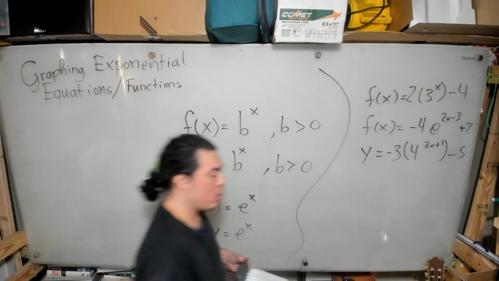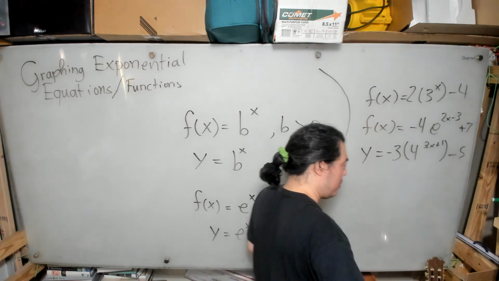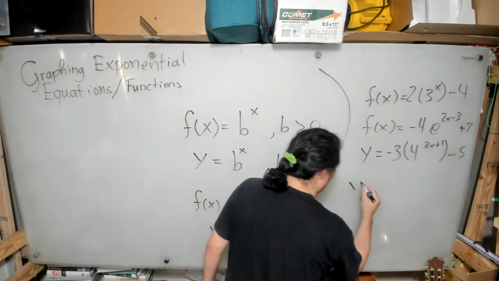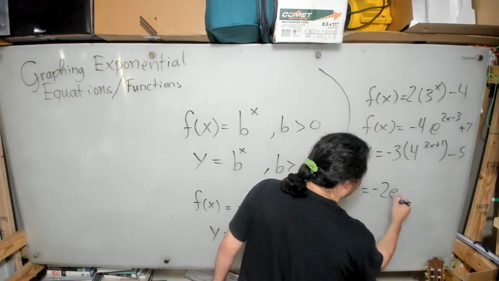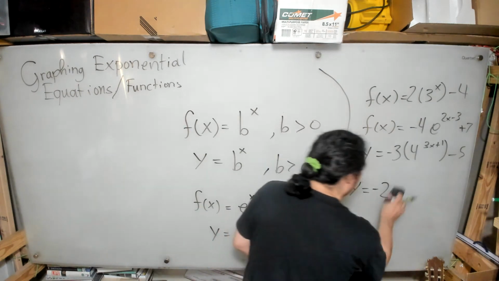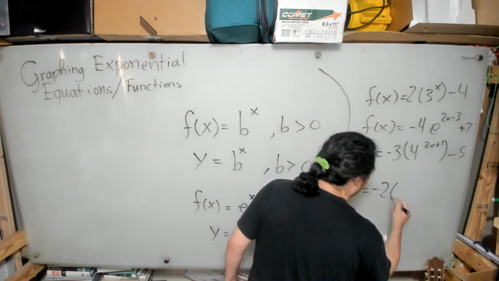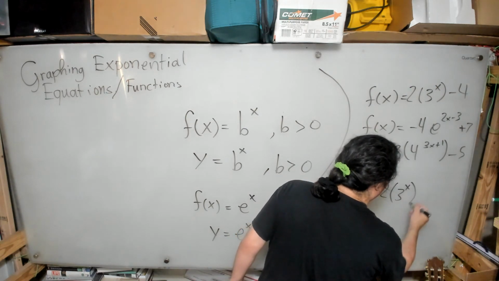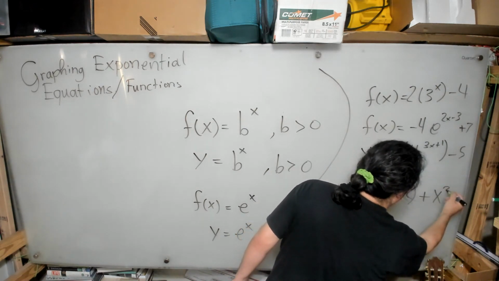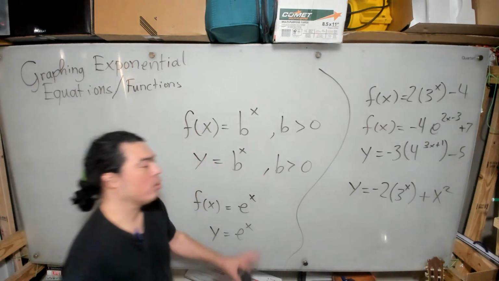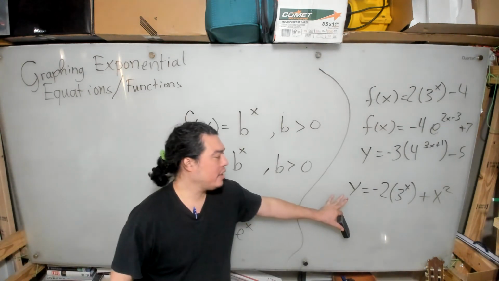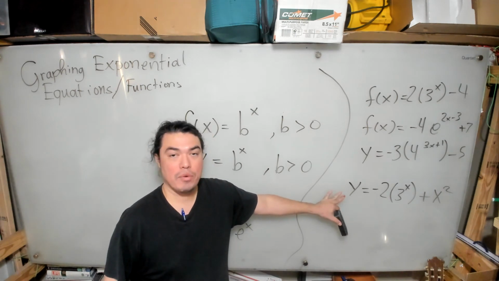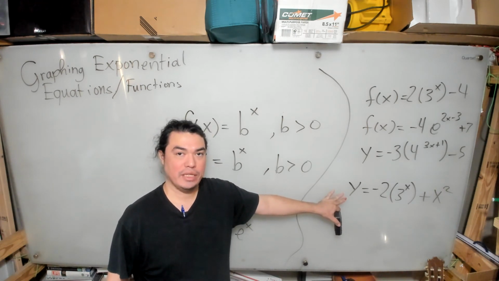Now I will comment on the following fact. Something like y equals negative 2 times 3 to the x power plus x squared is no longer purely an exponential function. It's more complicated, and we're not going to discuss this example within this section.